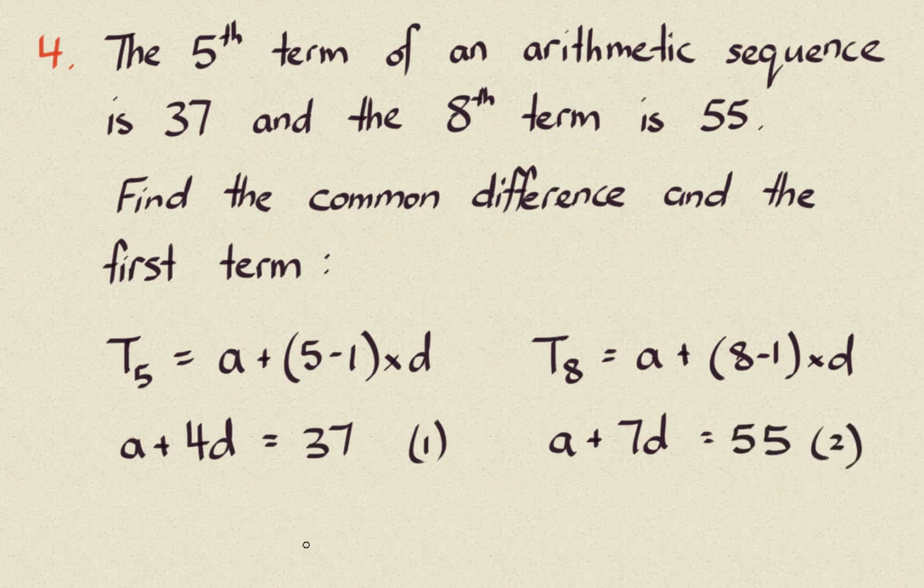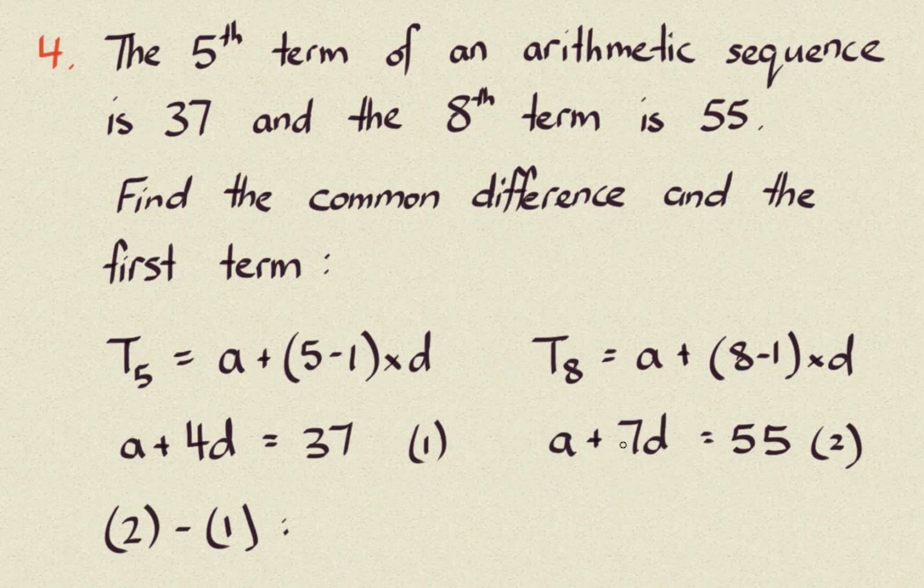With two equations and two unknowns, we can now solve simultaneously. Now you may wish to make a the subject in one of your equations and substitute that in to your second equation, but I would recommend the elimination method for this. So simply equation 2 minus equation 1. When we do that, the a's will cancel, a take away a disappears.